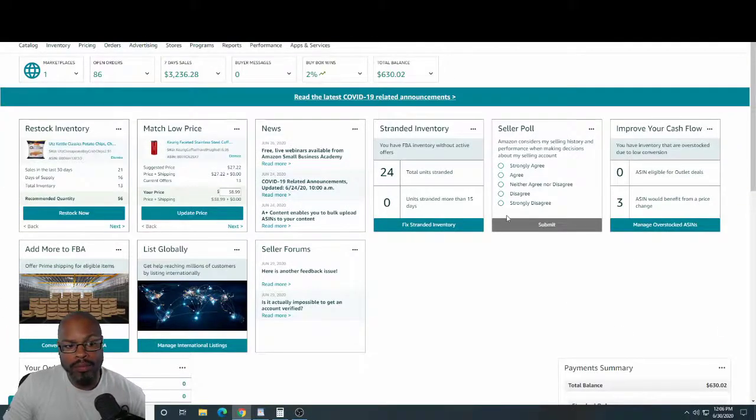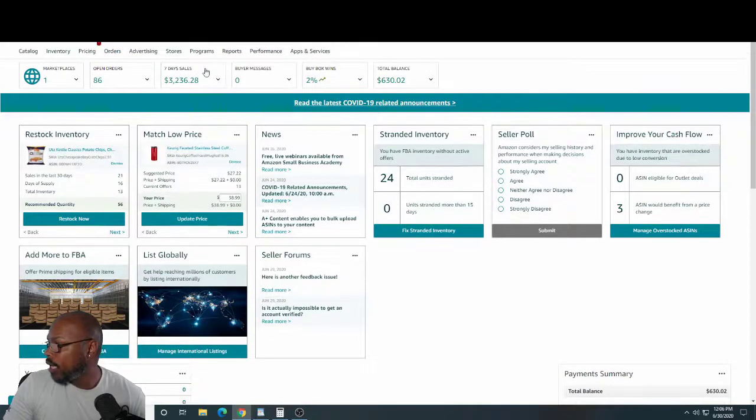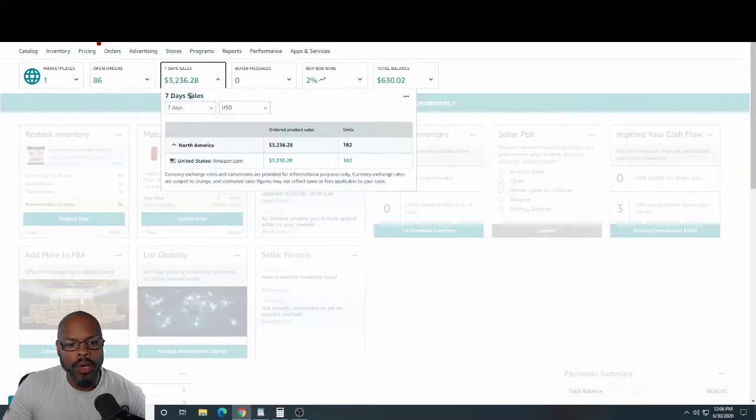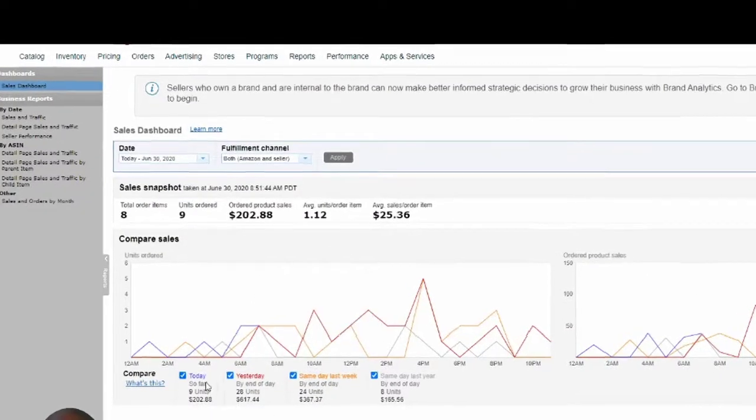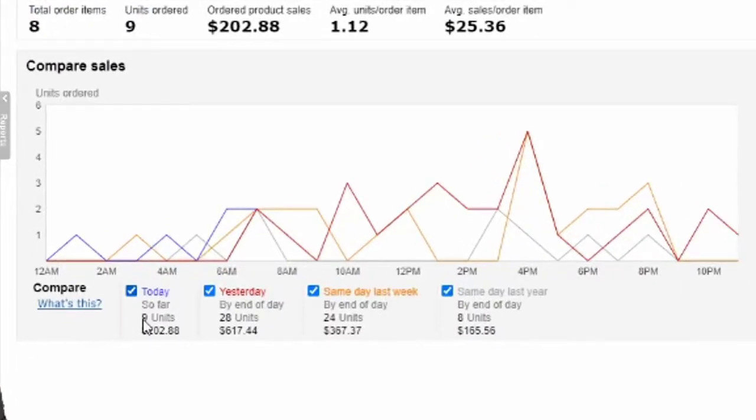And that's an increase. But here's what I want you to look at. If you look at the last 7 days, and we'll click on that, and then we'll click here. And here you're looking at a kind of snapshot. You're looking at today. And like we said, we've sold 9 units for $202.88. Yesterday, by the end of day, it was 28 units for $617.44.